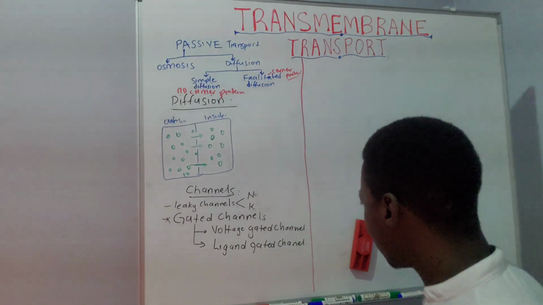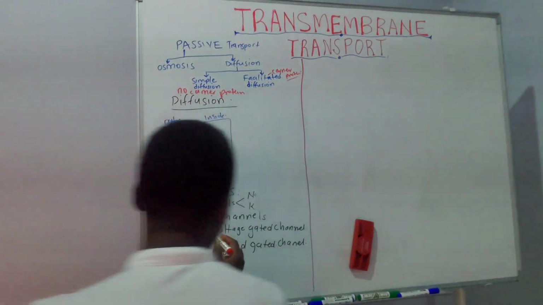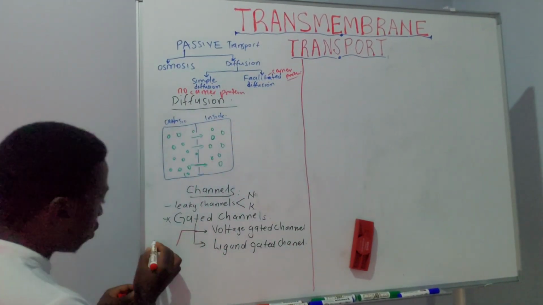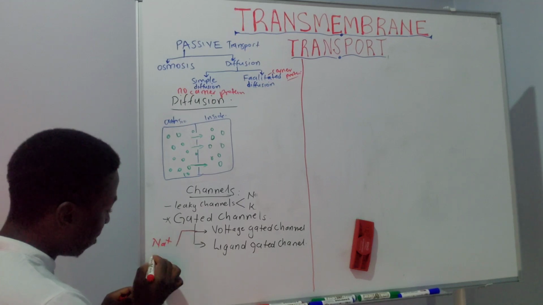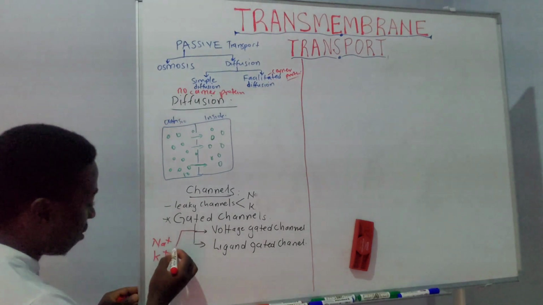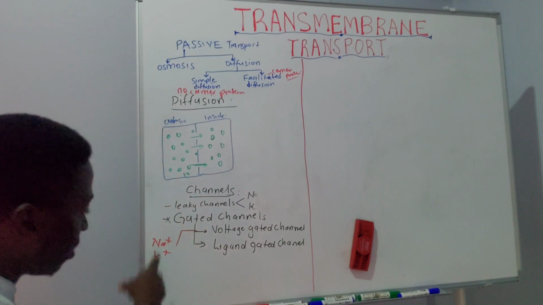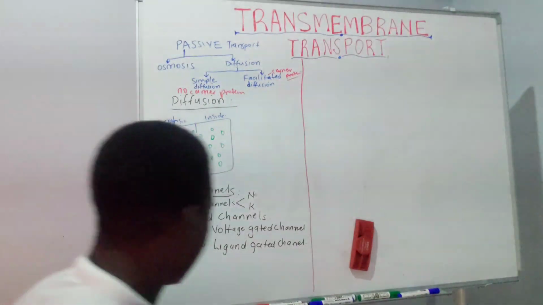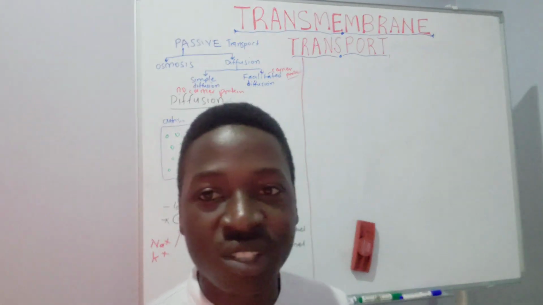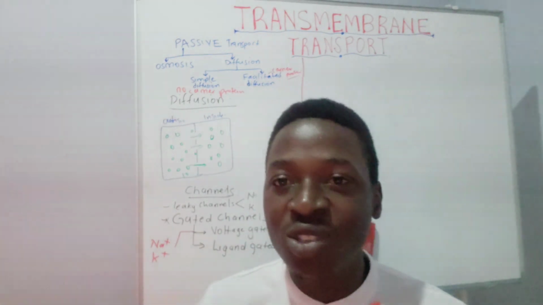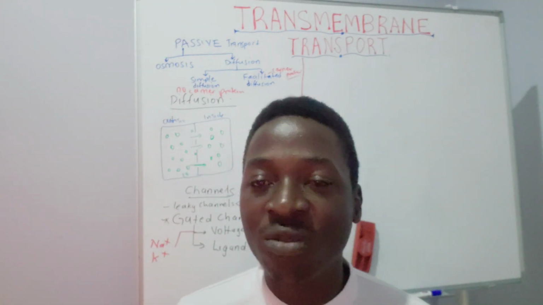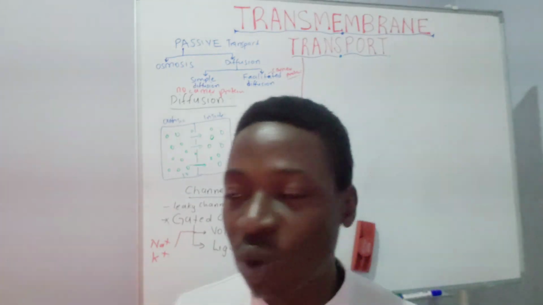For example, with the voltage gated channels, we have sodium voltage gated channels and potassium voltage gated channels. These will only open if a certain voltage is reached that is required to cause opening of these channels.